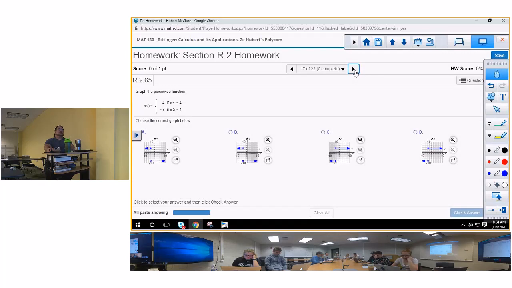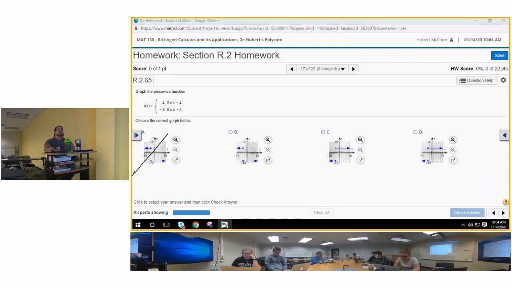Another piecewise, that's pretty simple. You've got y is equal to 4, so that means you've got a horizontal line at 4 and a horizontal line at negative 8. What kind of circle do you have on the 4? You've got an open circle and a closed circle. So it's not this one. We're going to use a little bit of deduction.